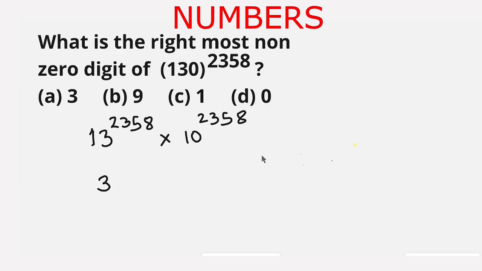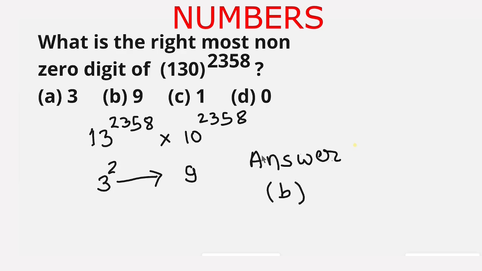So we divide 2358 by 4, and for that we have to find the remainder, and we divide only the last two digits 58 by 4, and 14 times 4 is 56. 58 minus 56 is 2, and 3 to the power 2 gives us ones place 9. It was that easy a question, and from the given options our answer is option B 9. I hope that you have understood the method of solving such type of question. This was a very easy question.